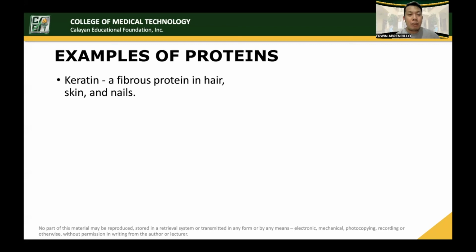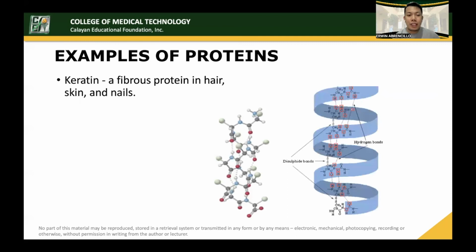So in your anatomy, for sure, this was discussed, but not in a chemical form. So this is the chemical structure of the keratin. On the left side is the ball and stick model of keratin as a protein, and on the right side is the chemical formula for keratin.